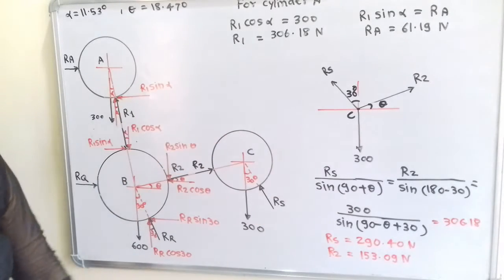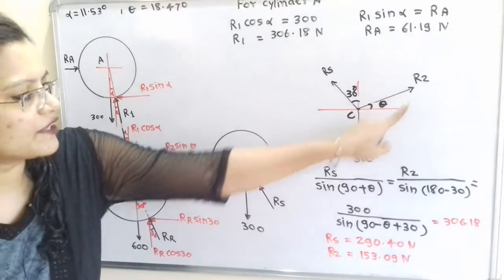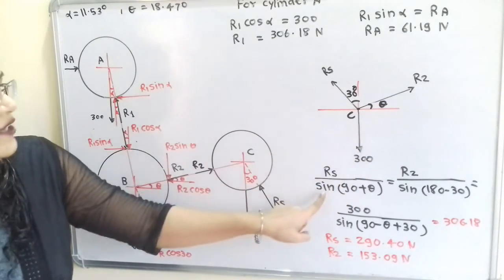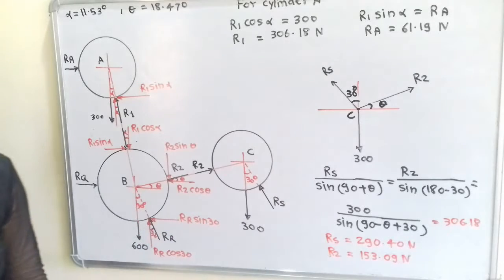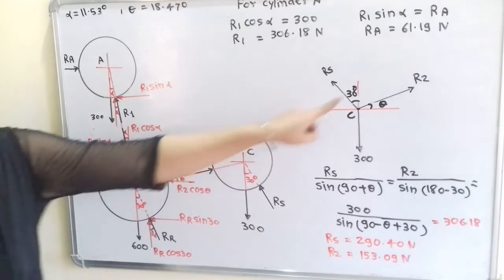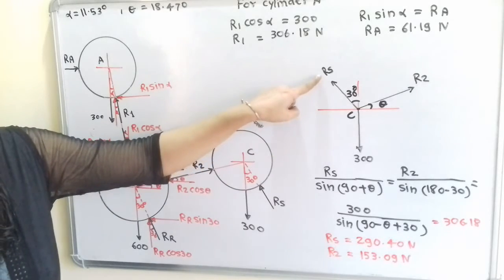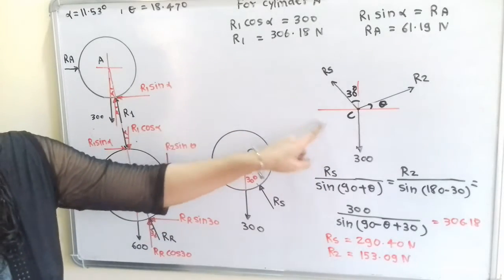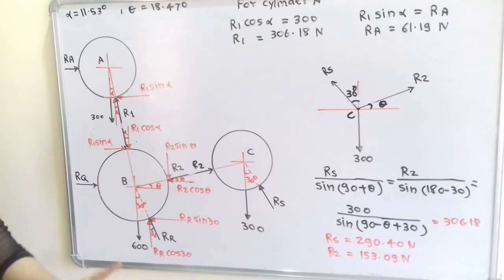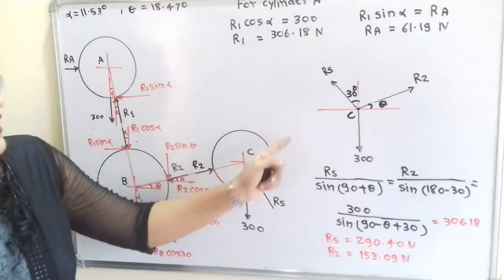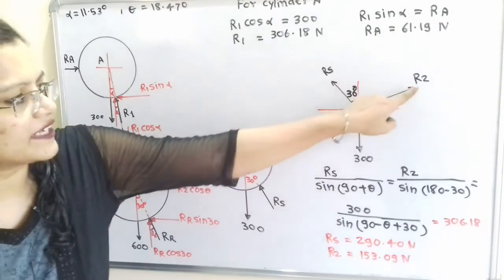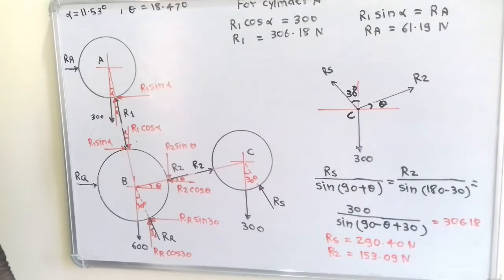So RS divided by sine of the angle between R2 and 300, that is sine of 90 plus theta, where theta is known, 18.47, is equal to R2 divided by sine of the angle between RS and 300, that is 180 minus 30, which is equal to 300 divided by sine of the angle between RS and R2. So how to find that?